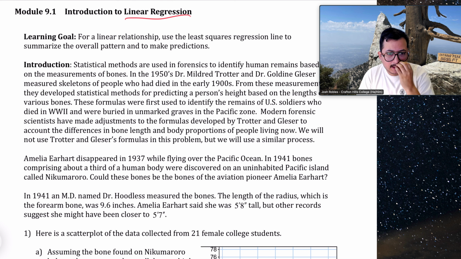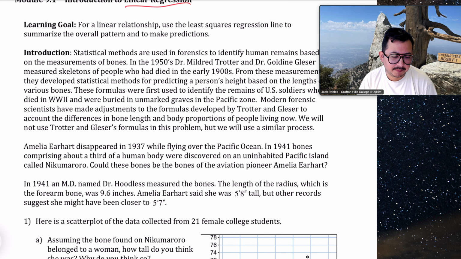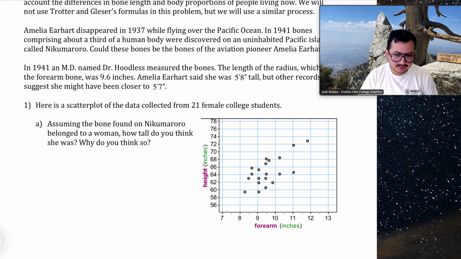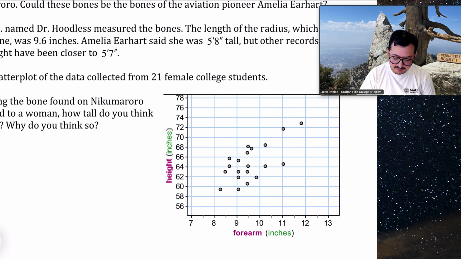There is a way to identify forensic remains, and one of those is to look at how long bones are. Someone did that to measure Amelia Earhart, a famous pilot in the 30s and 40s. In general, I'm not going to worry about answering that question, but you can see the idea here. There is the length of your forearm.